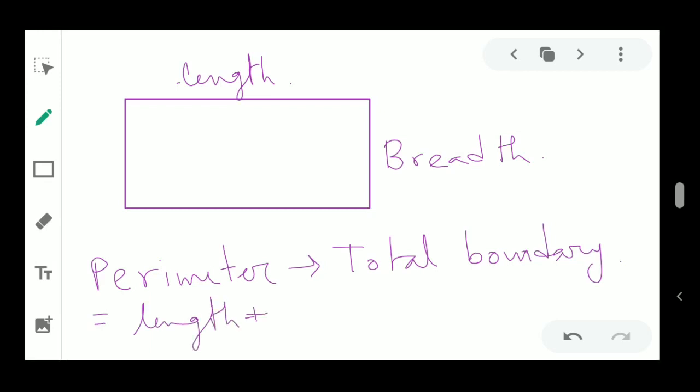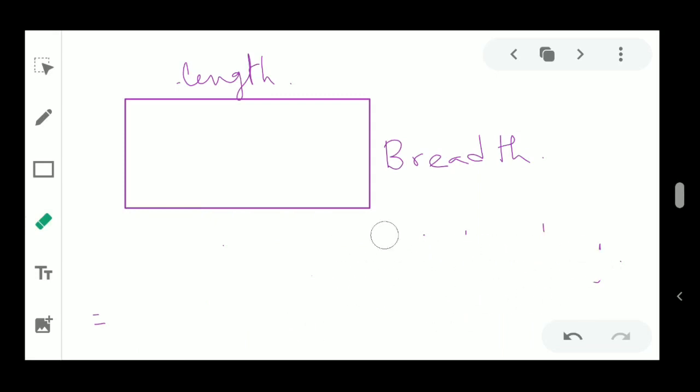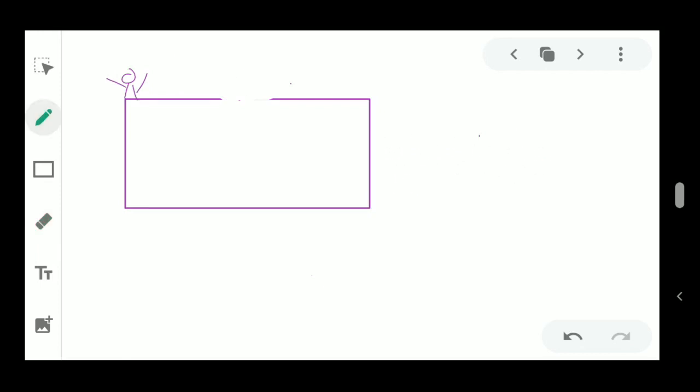So perimeter will be your length plus your breadth. You have to add everything. I'm telling you how. Plus again your length plus again your breadth. Now why? See, let's say you are standing here, and the field length is 50 meter, whereas the breadth is 30 meter.